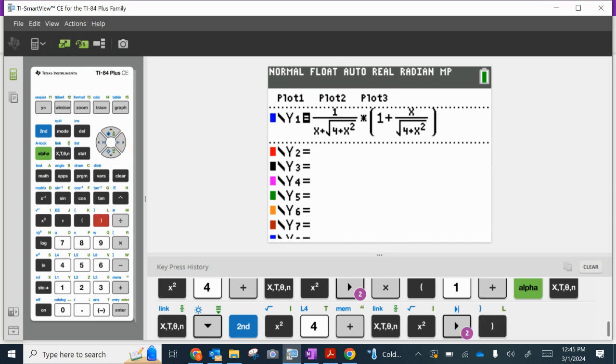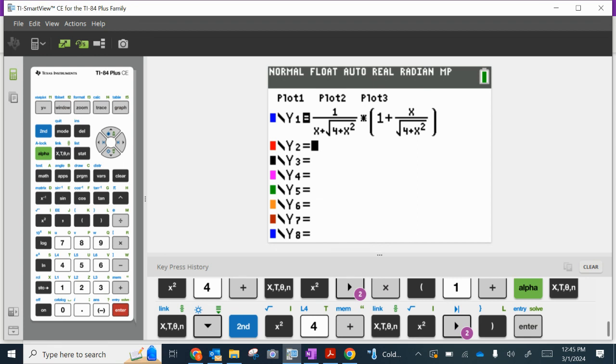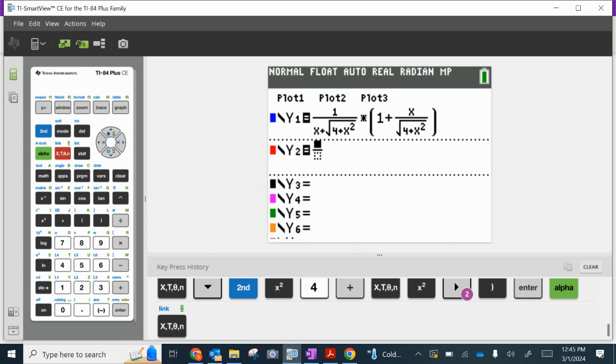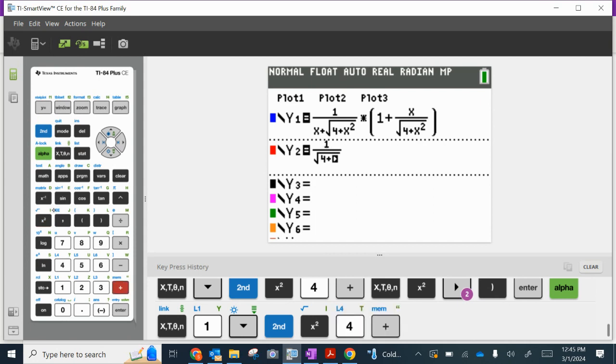That was the answer I gave, the one I simplified it to. And then I believe the answer that I had was 1 over the square root of 4 plus x squared. Is that what the answer on the sheet looks like?